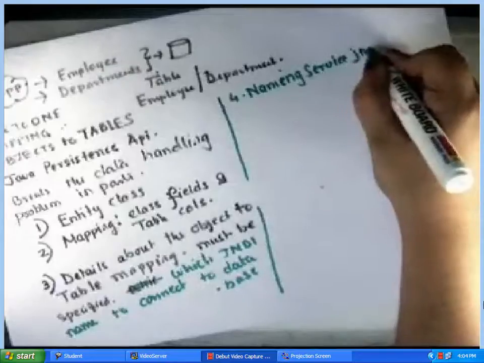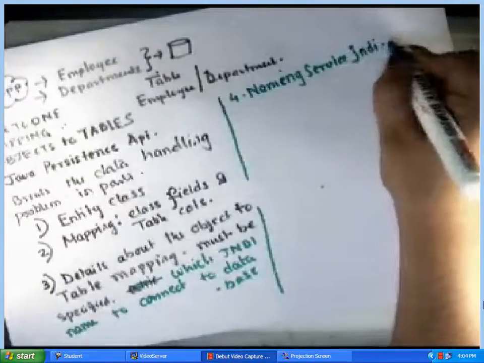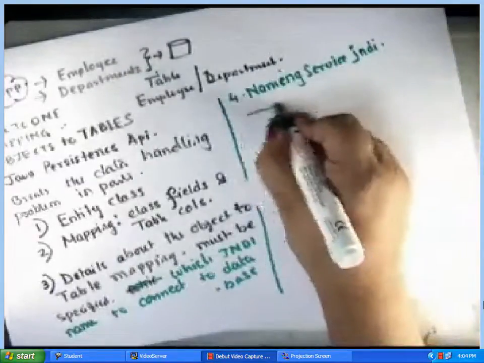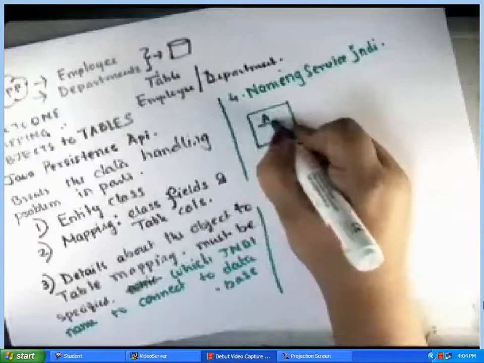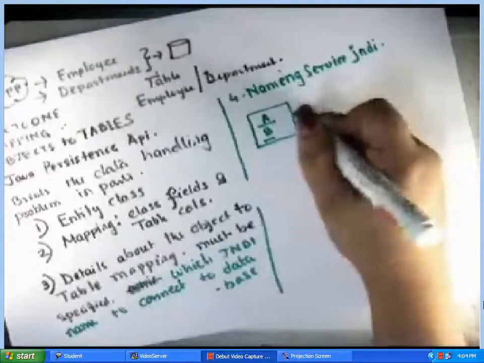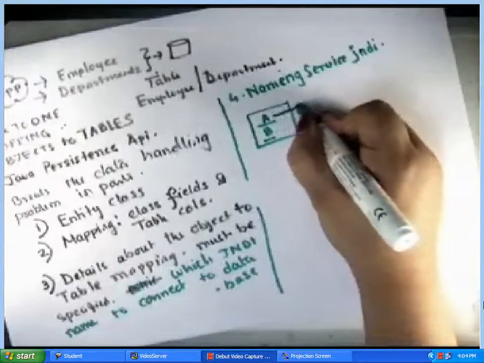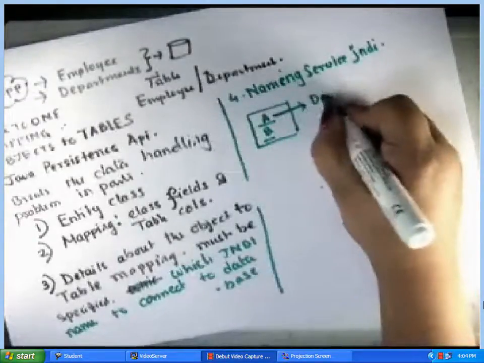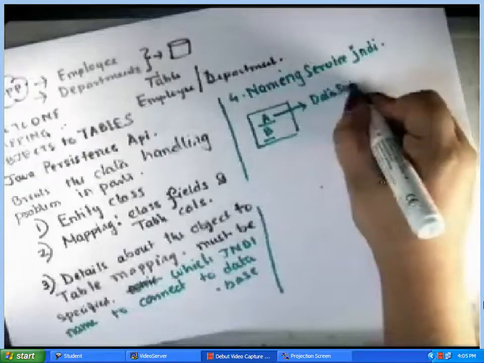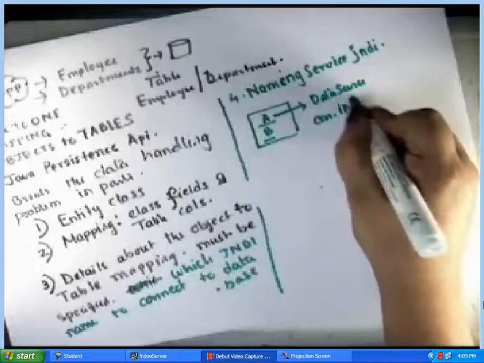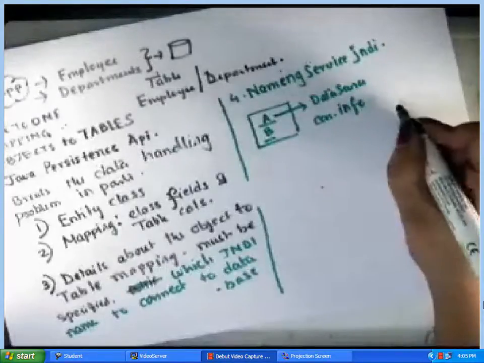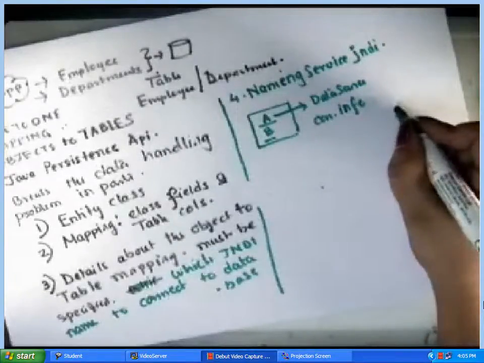Like we said that JNDI supports connection pooling, so it will have some names published, say name A, B and so on. Now A is actually mapping to which data source? Data source consists of connection info, so it is mapping to which data source, that is told here.